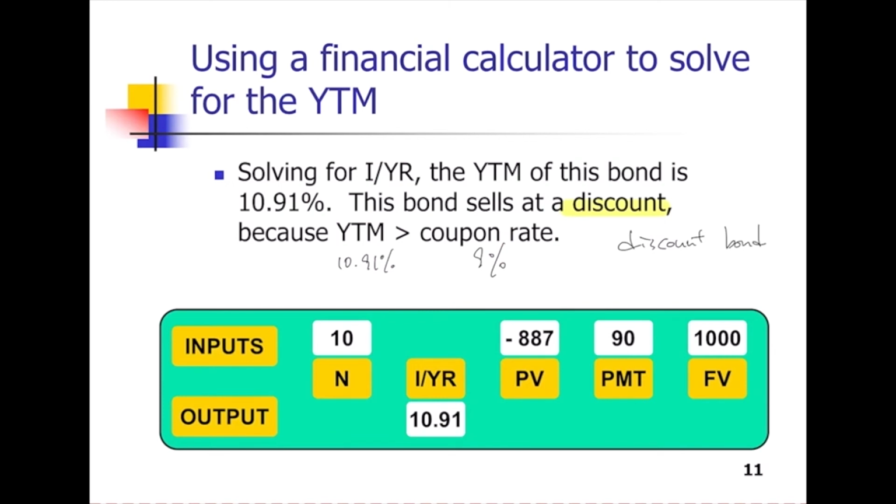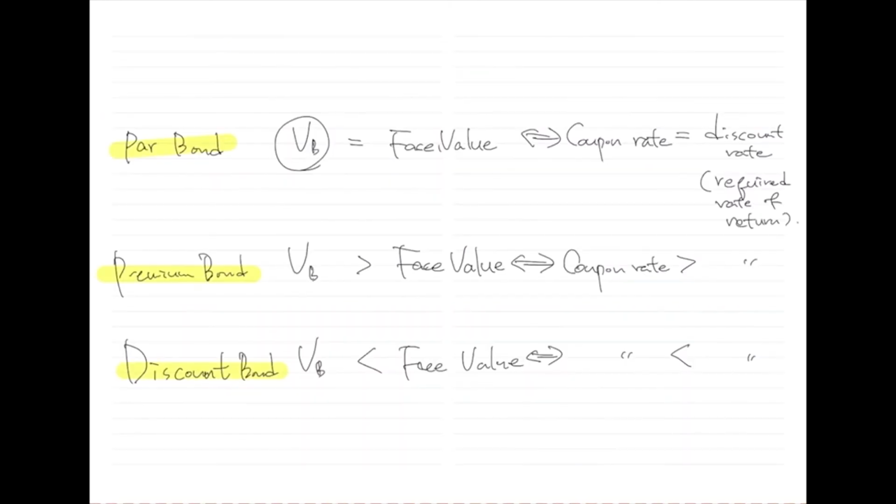Do you remember this slide? We already summarized what a par bond, a premium bond, and a discount bond are. In this case, the discount rate and required rate of return can be rewritten as yield to maturity or expected rate of return.